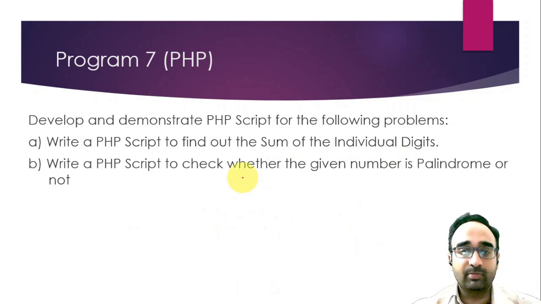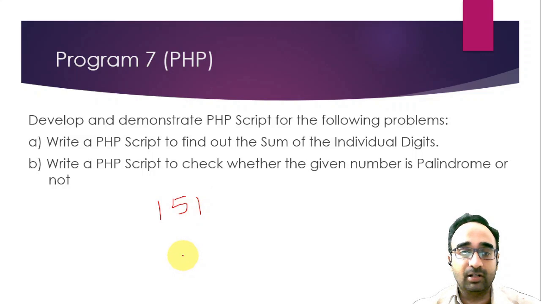The second program is for the same number, they are asking us to find whether the number is palindrome or not. For example, 151 is a palindrome.